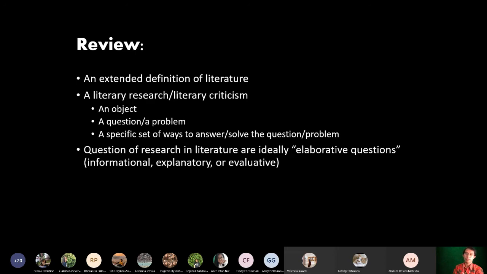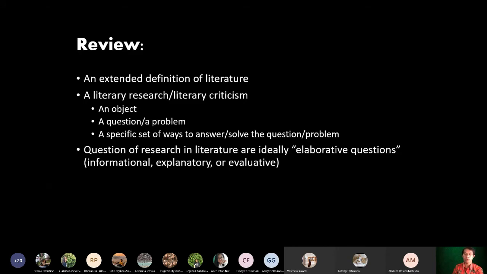Okay? That's why when we talk about elaborative questions, I mentioned to you that we need to have more external information to answer them than internal information.